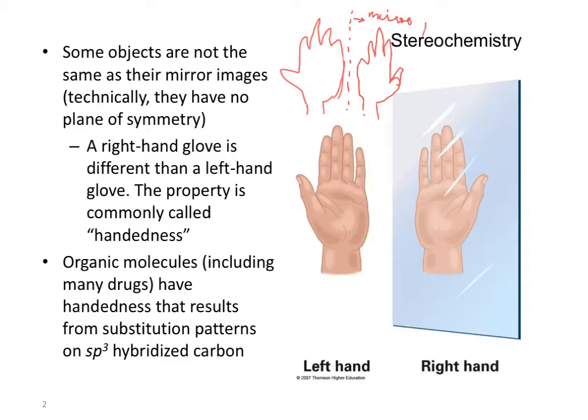Mirror plane. Hopefully you can see that the left hand is the mirror image of the right hand, right? And so whenever you have a property like that, that one half is a mirror image of the other, and there is no plane of symmetry in that mirror image, we say that there is a property of handedness.